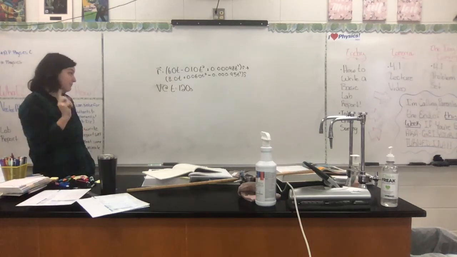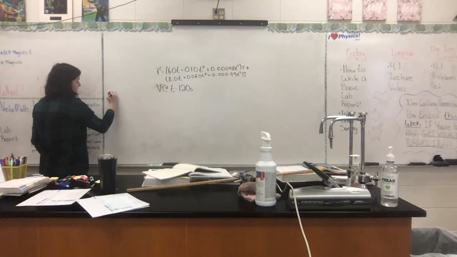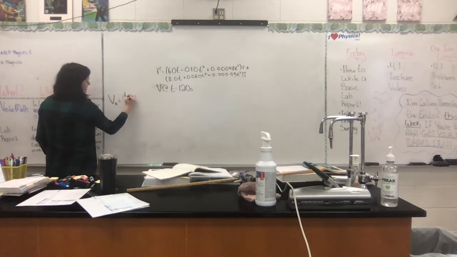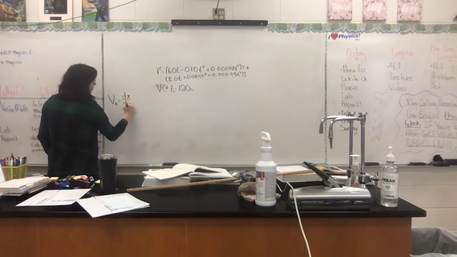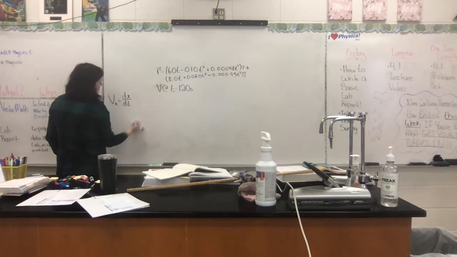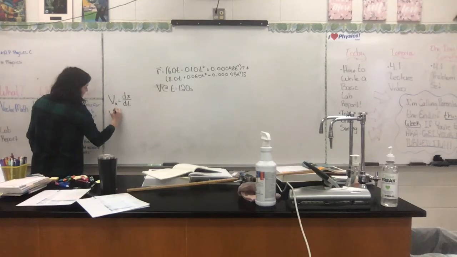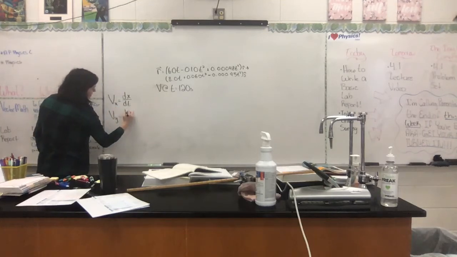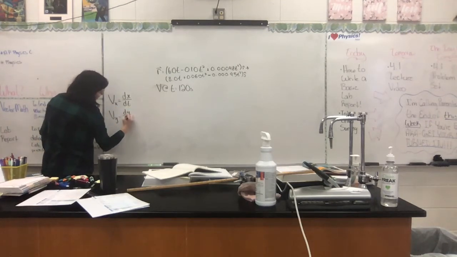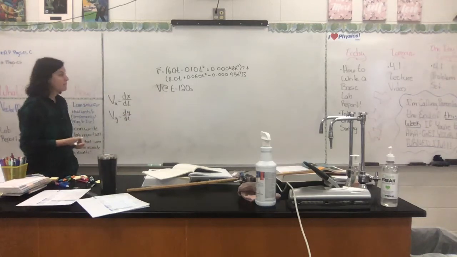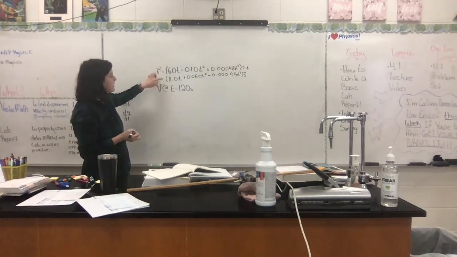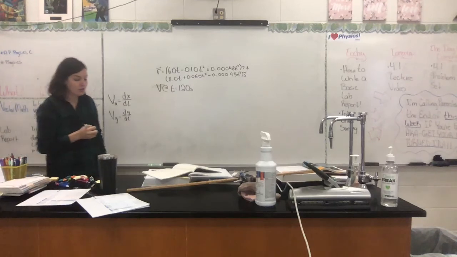Now, we just talked about how an instantaneous velocity, Vx, is the derivative of x with respect to t, and Vy is the derivative of y with respect to t, which means we need to take the derivatives of these two.